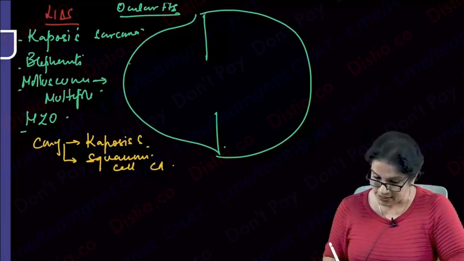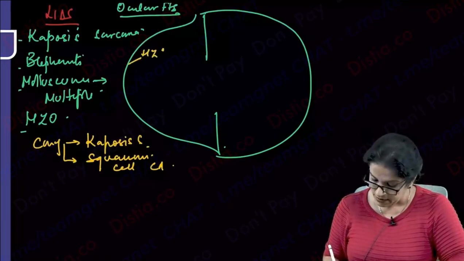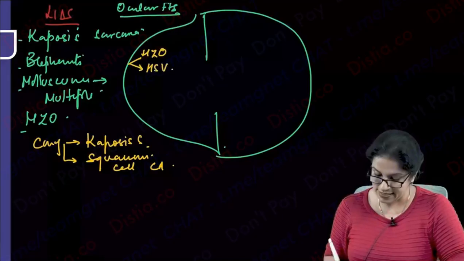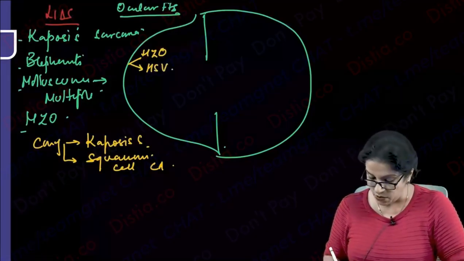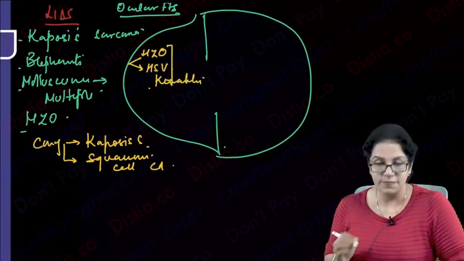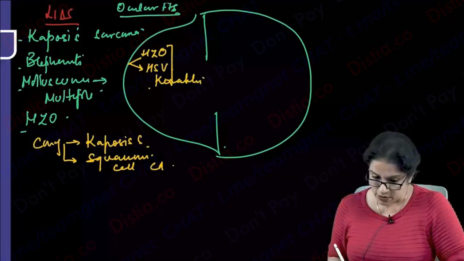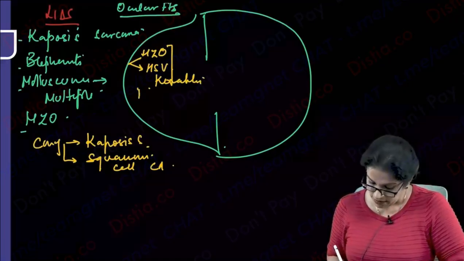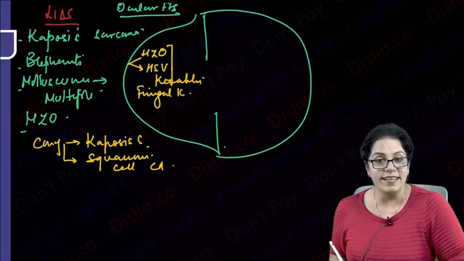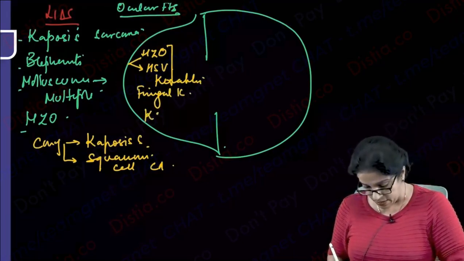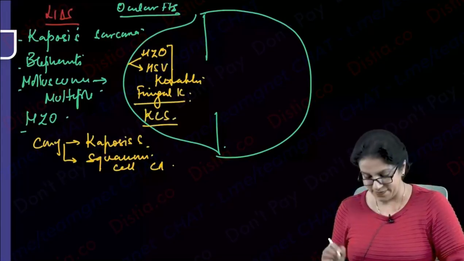Cornea manifestations. Let us learn the infection by herpes simplex virus, more keratitis, also all these viral keratitis you are getting. What else? You can also get fungal keratitis more here in the cornea, and there can be keratoconjunctivitis sicca.